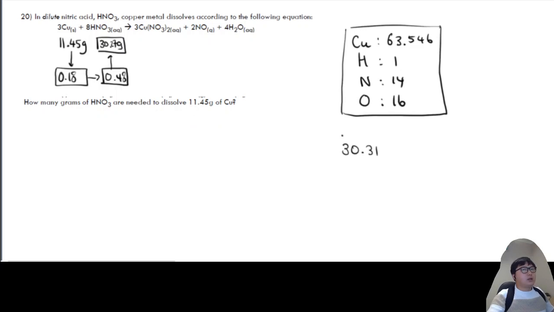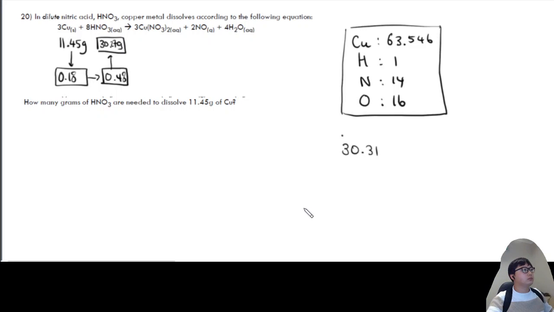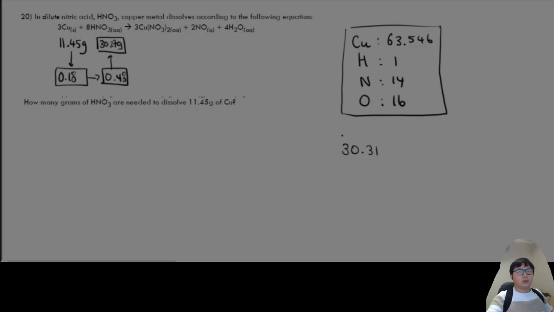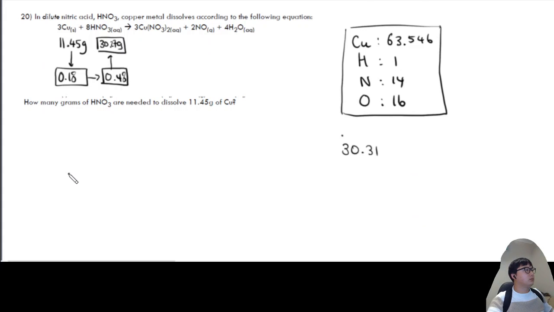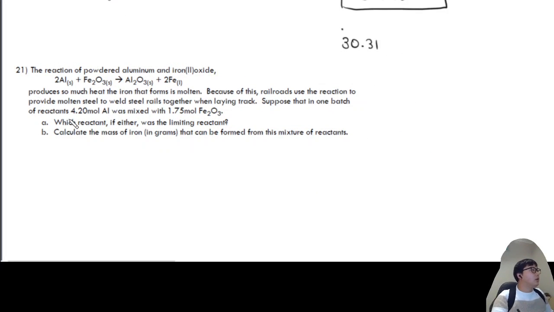Yeah, all right, so that's the end of question 20. And now, next question, 21. So I think this question is about the limiting reagent stuff.